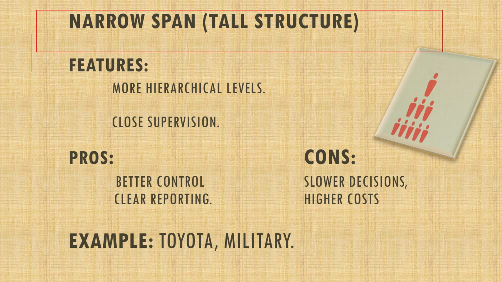That's why it is taller and vertical in format. More hierarchical levels lead to slow communication, because information must flow through the management levels. But because of the narrow span of management, closer supervision is possible, because the manager is supervising few subordinates. That's why close relationship and thorough supervision can be done in the narrow span of management.